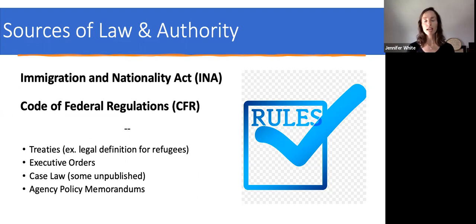So I flagged that here just because it's helpful to stay abreast of those policies and what's happening, because things change so quickly in immigration. Sometimes it's just through a policy memorandum that was written by an agency official.